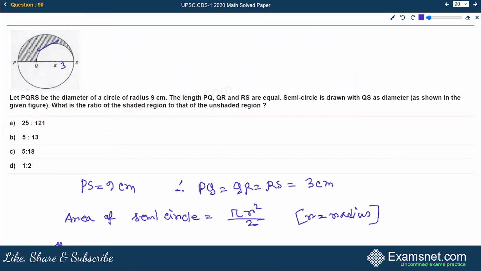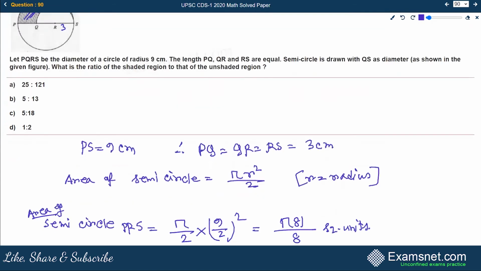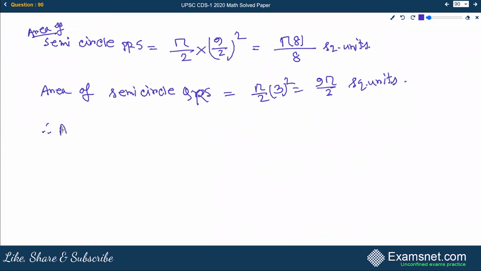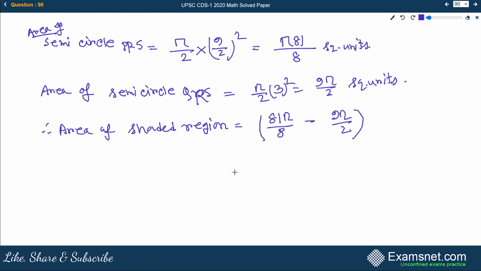This is the non-shaded part. We are going to find the area of the shaded part. How can we do that? If we subtract this QRS area from the area PRS, we'll get the rest of the part. So area of shaded region is 81 pi by 8 minus 9 pi by 2.